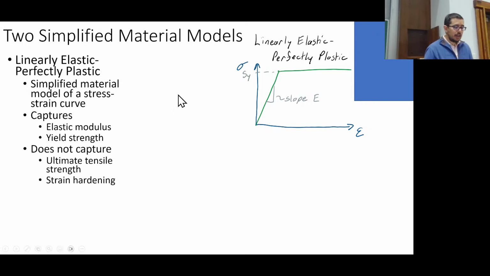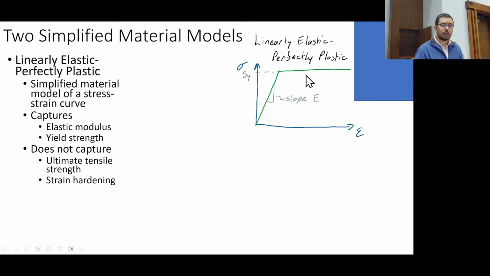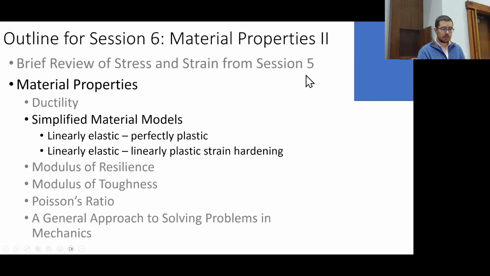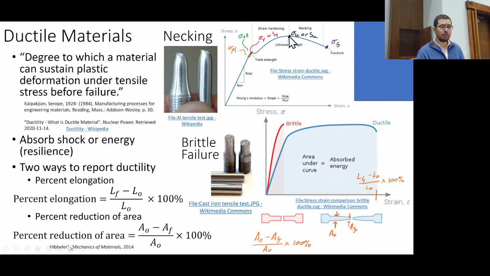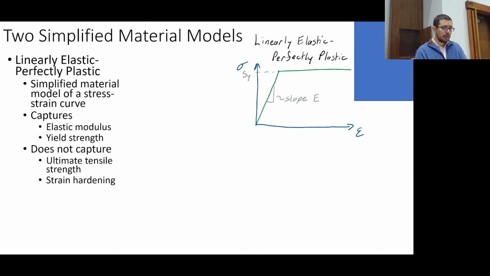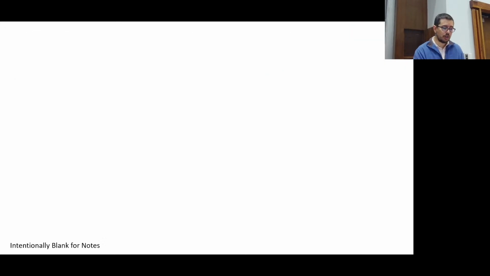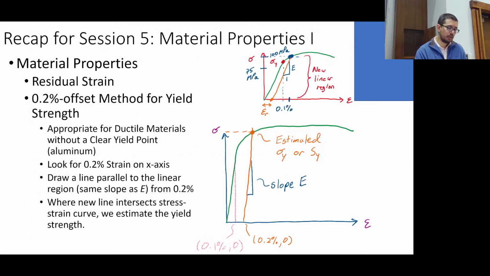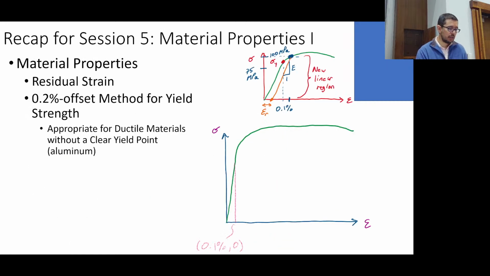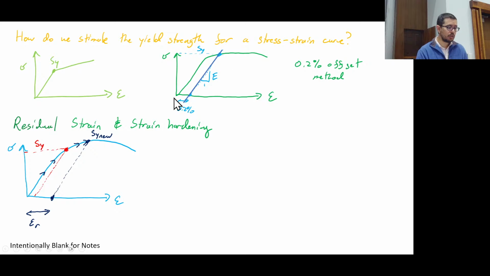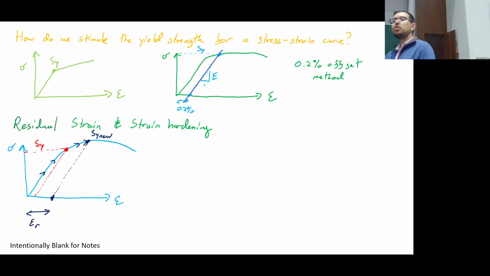It does not capture the ultimate tensile strength. The ultimate tensile strength was back here, where it reaches a maximum. So it doesn't capture that. It doesn't capture strain hardening. You saw a second ago, or minutes ago, I'm probably going too slow today, it's okay, you saw that in order for strain hardening to occur, you had to have an increase in the yield strength.